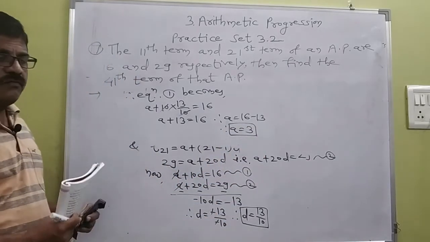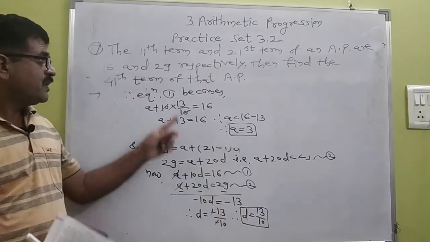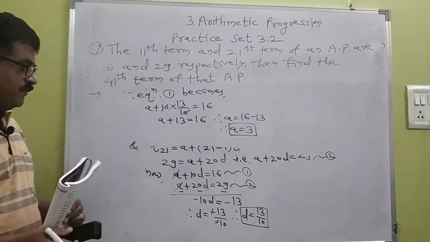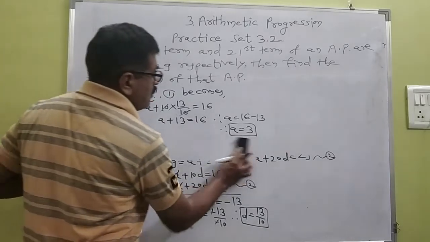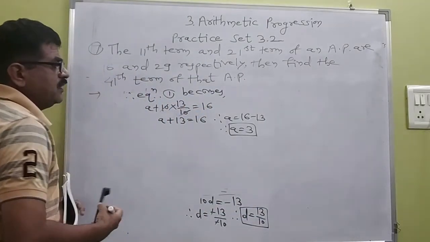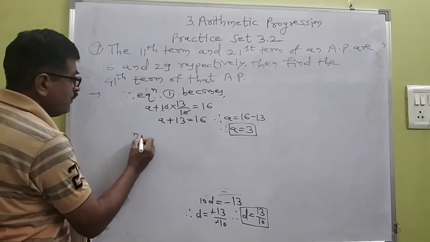Now we know the values of a and d. Now we have to find the value of T41. Now write down the formula of Tn in the form of T41.